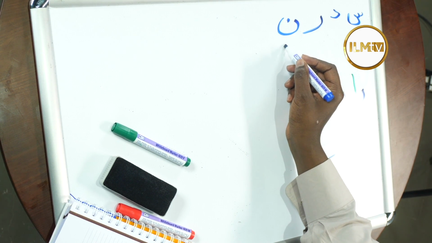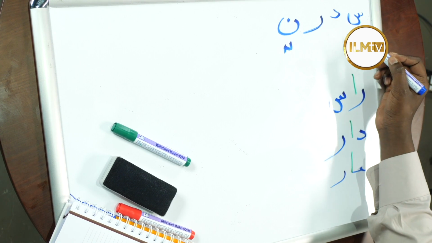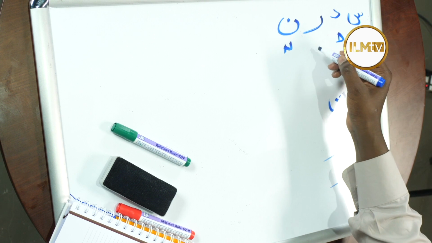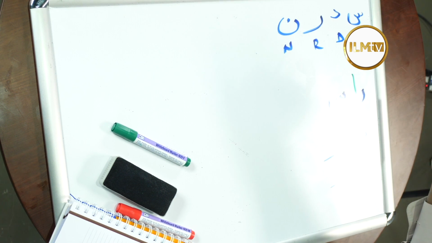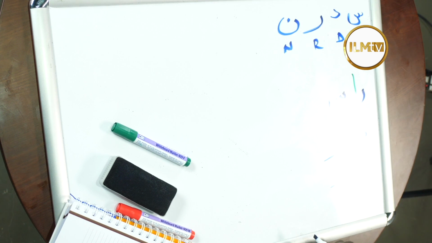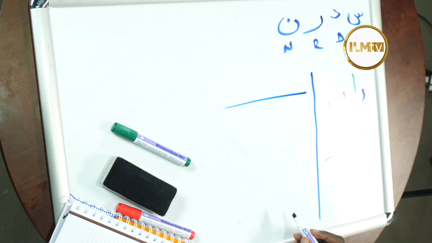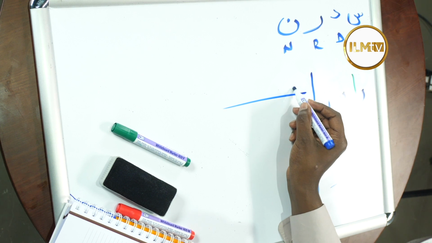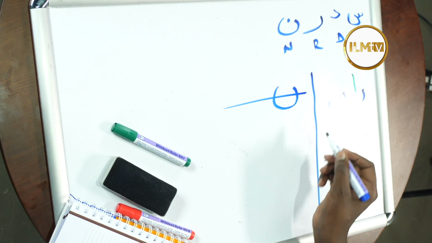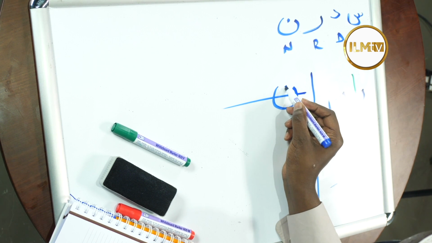Now, as promised, let's do our next consonant, that is like the English N. So we have S, we have a D, we have an R, and then we have an N. Now, the N is written, if there was a line in a book, we start up there, we go below the line and up again. Then we put a dot right in the middle.